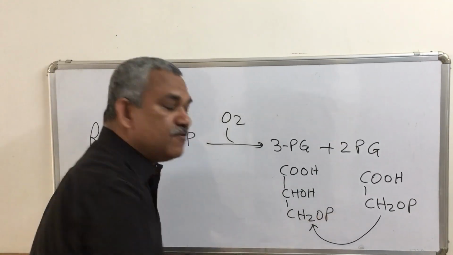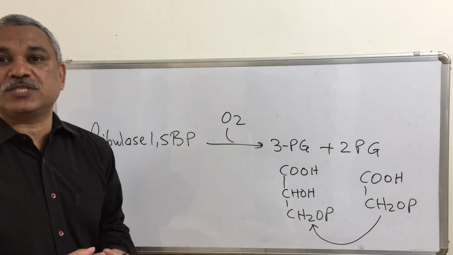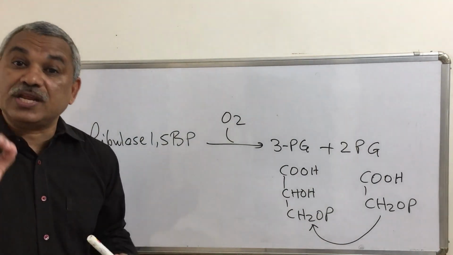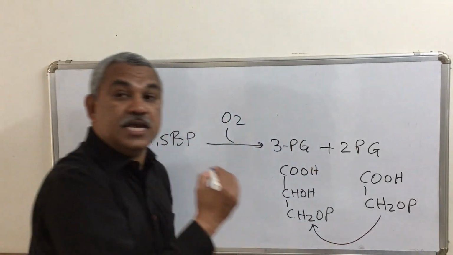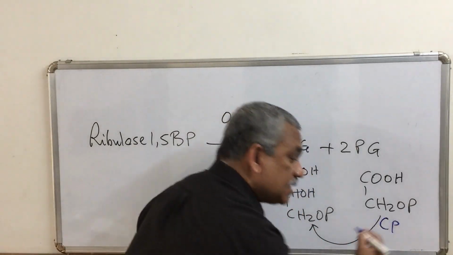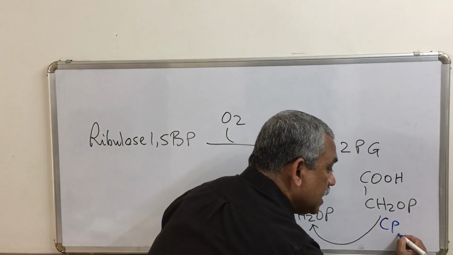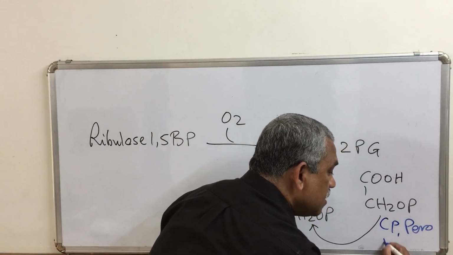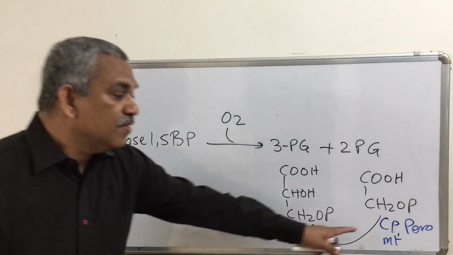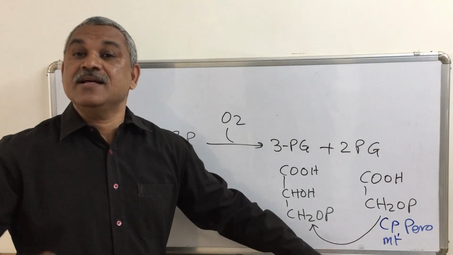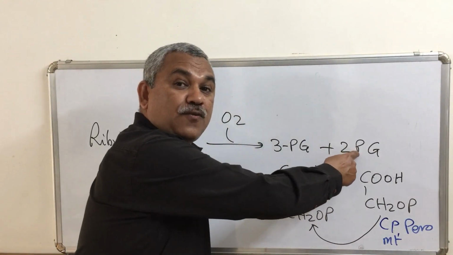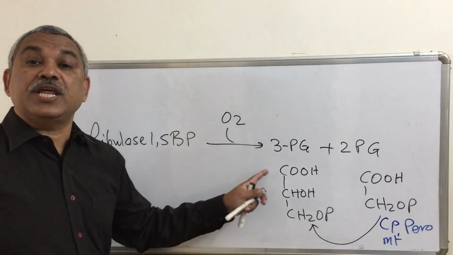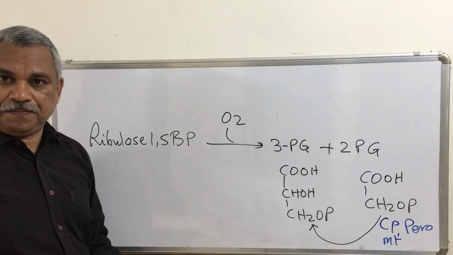Now for this conversion, it's a laborious process that involves 3 organelles in a plant. The 3 organelles are chloroplast, peroxisomes and mitochondria. These are the 3 organelles that will be made use of in order to convert 2-phosphoglycolate into 3-phosphoglycerate.